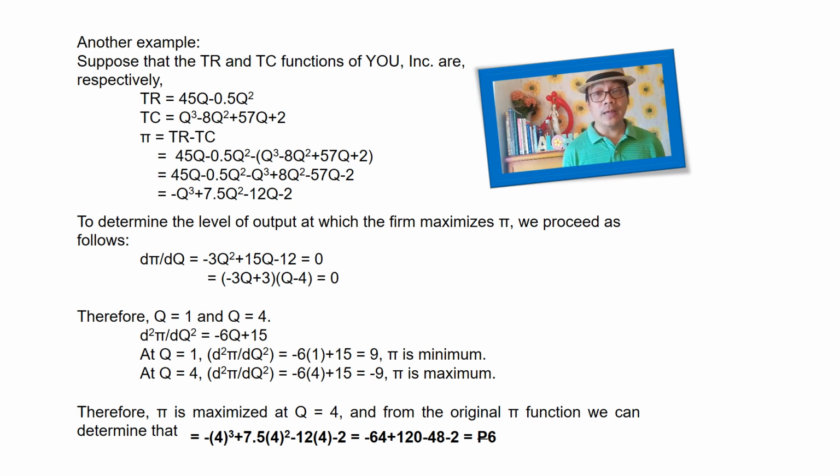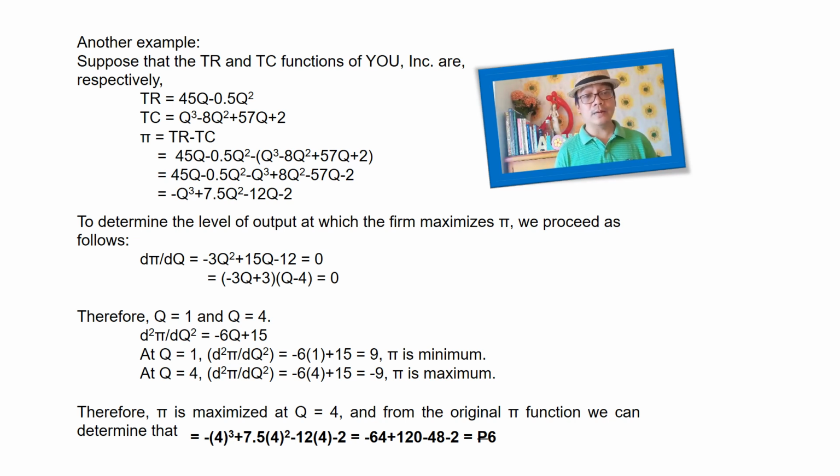Now, to calculate the profit function, we simply get the difference between the TR and TC function. And the profit function, therefore, is equal to negative Q cubed plus 7.5Q squared minus 12Q minus 2.